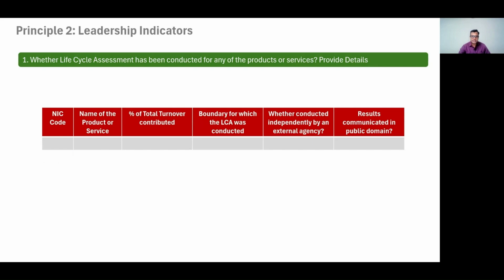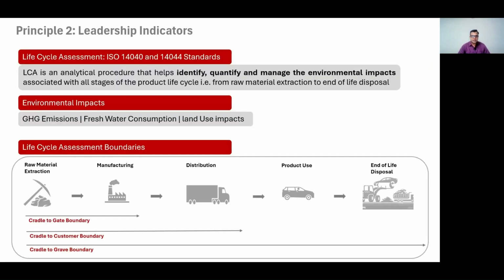Let us understand what is life cycle assessment first. Life cycle assessment is governed by ISO 14040 and 14044 standards. ISO 14040 gives the principle and the framework for life cycle assessment. And ISO 14044 is actually the guidance of doing life cycle assessment from end to end. What is life cycle assessment?